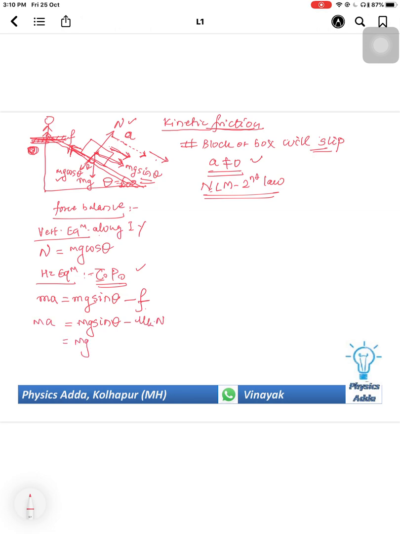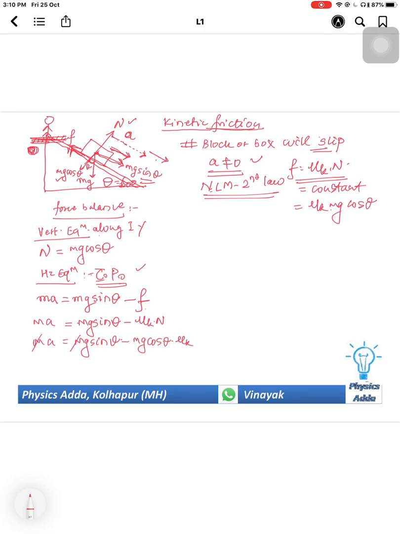F is mu k into N in case of kinetic friction, which is constant. What is the value of N? N is mg cos theta. So this is mg sin theta minus mu k mg cos theta is equal to ma.